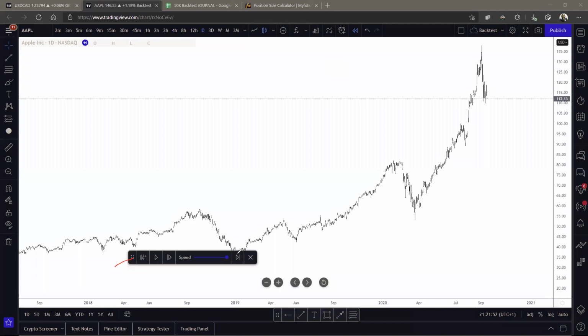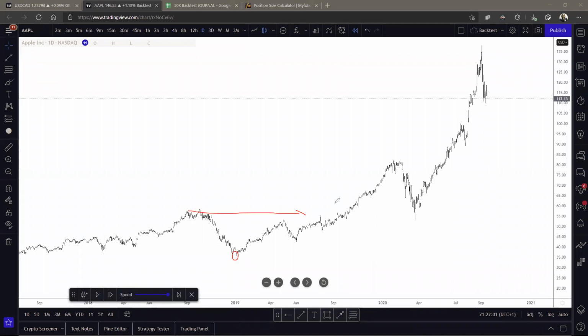Cool, we can see this is the low, price broke structure. This is the high. And then again, price broke structure again. This is the high, right? So we can see this is what's holding the lower time frame. Okay, or even intraday at this point.